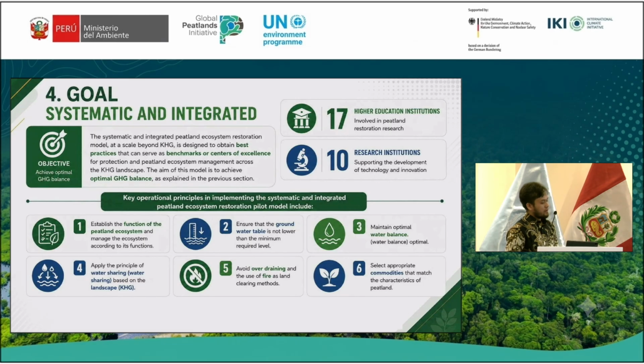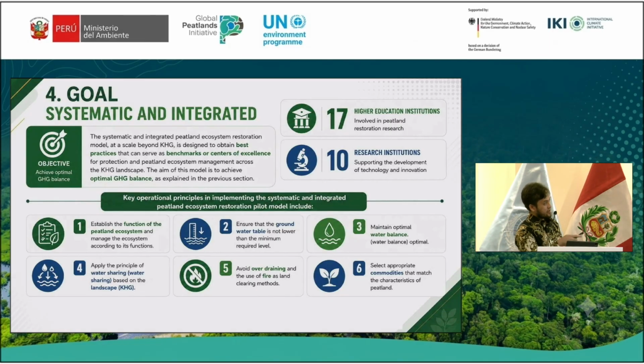Then, what is the goal? The next step, of course, is translating the scientific knowledge into an operational restoration model. And Indonesia has adopted a systematic and integrated peatland restoration approach at the scale of the peat hydrological unit, or KHG map. This will be explained in the next session.